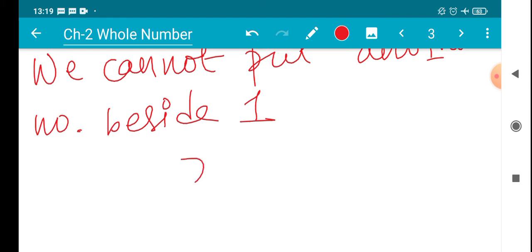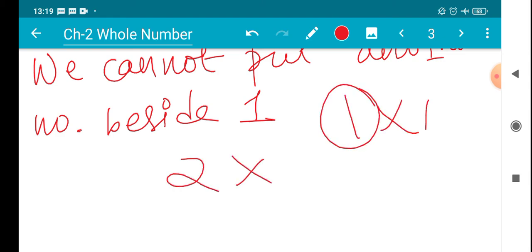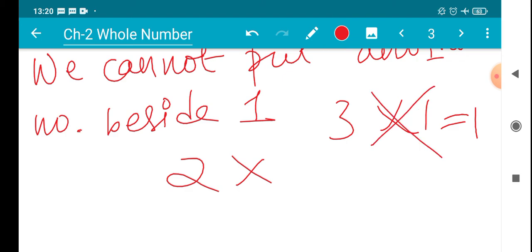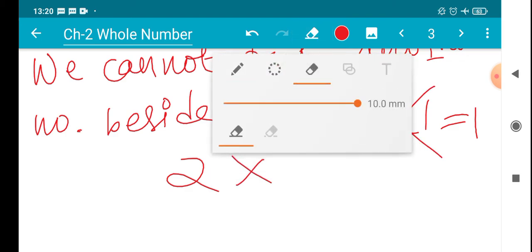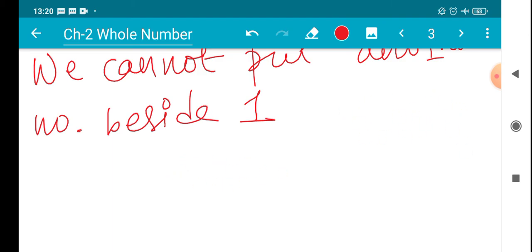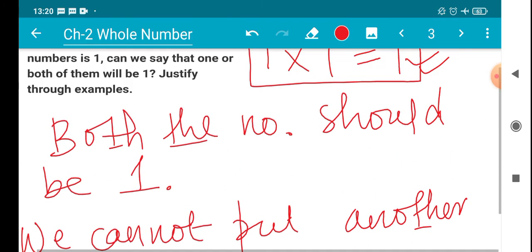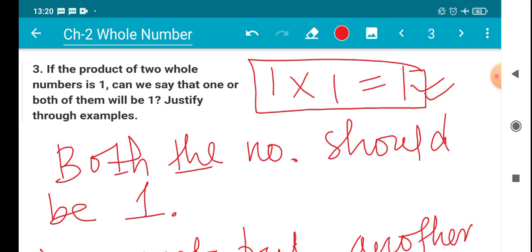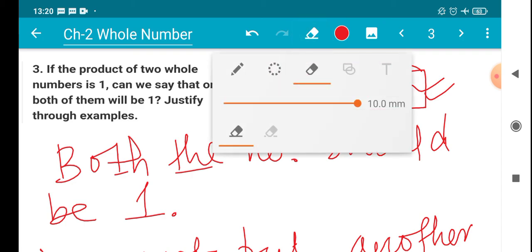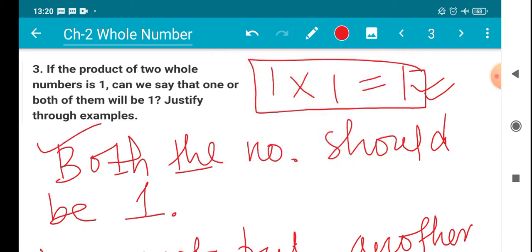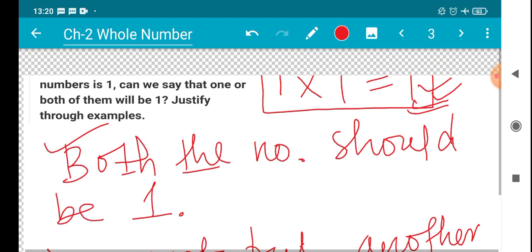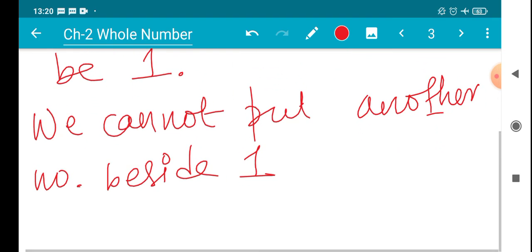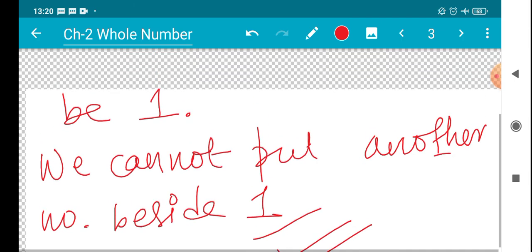If instead of 1 into 1, I replace this with 2 and write 3 here, will I get 1? No, never. Only one chance is there to get 1 as a product, when we have 1 into 1, that is both sides 1, isn't it? This is the logic. So we have justified that both the numbers should be 1 in order to get the product 1. Otherwise, if we put another number, the product will be something other than 1. Okay, so this is how we do.